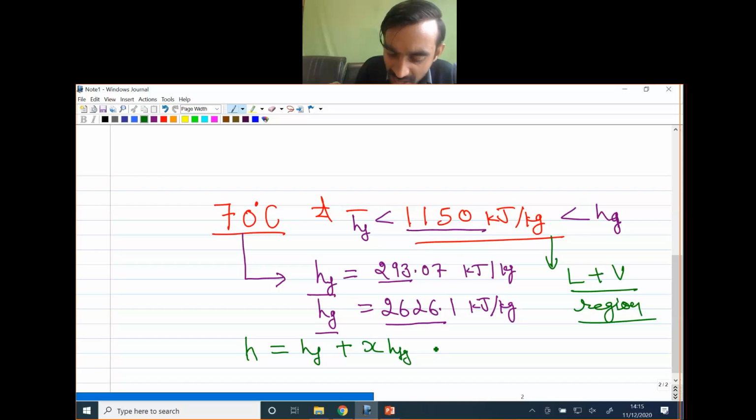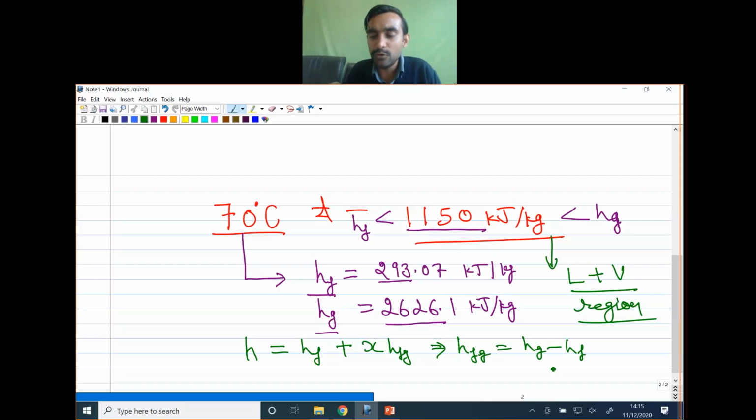Now I know the value of HF and Hg, so I can find HFG as Hg minus HF, or directly from the steam table you will find the value of HFG as a given parameter. This value of H is our given thermodynamic property, which is 1150. If you use this formulation, you can easily determine the value of X.